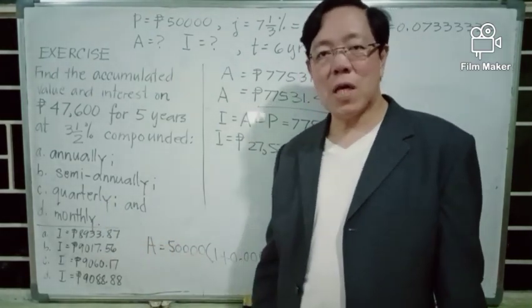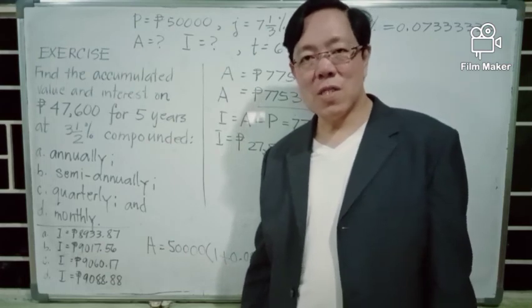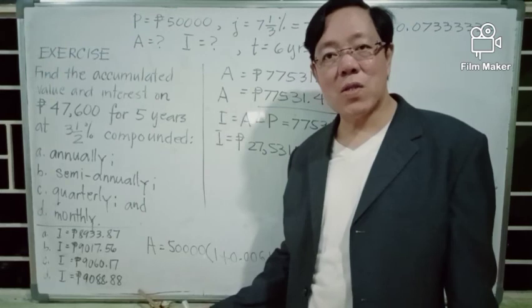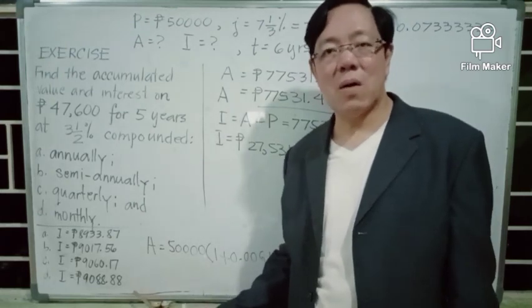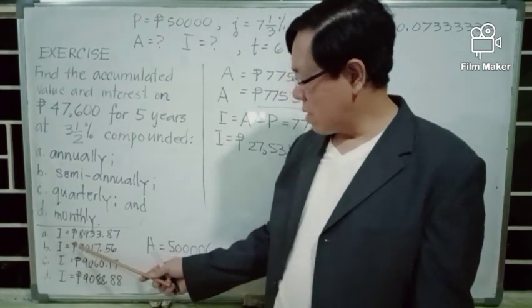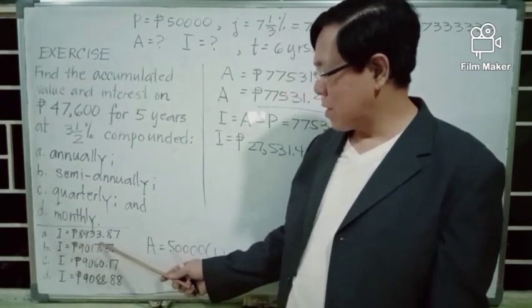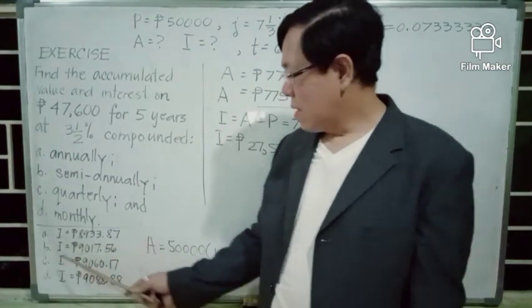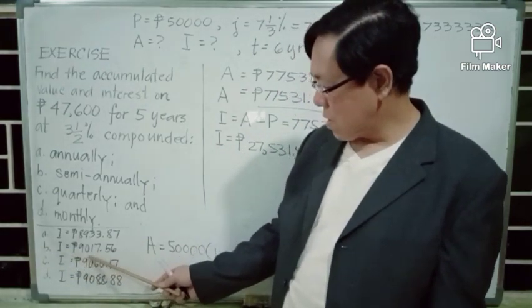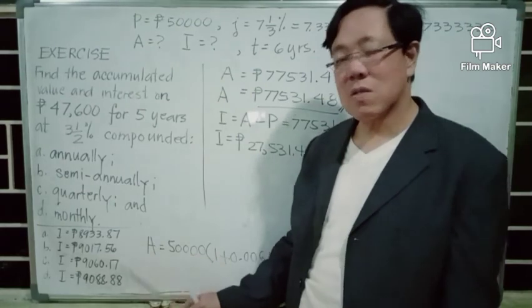And for you to check your solution independently, I have given you the answers for the amount of compound interest. For letter A, the amount of compound interest is 8,933.87. For letter B, the amount of interest is 9,017.56 pesos.